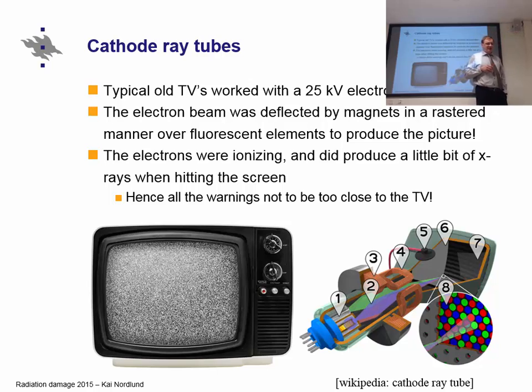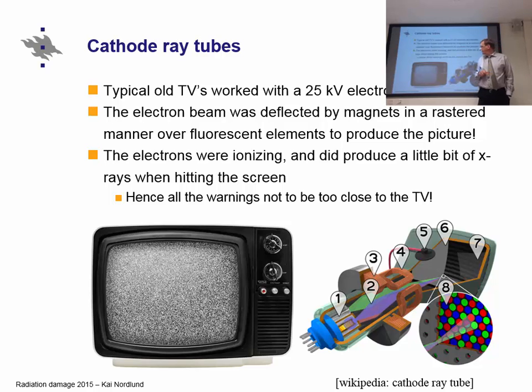And just to remind people, especially young people, that still like 20, 30 years ago, everybody basically had an electron accelerator in their home. Because the old TVs, the thick bulky ones, they typically work with a 25 kilovolt electron accelerator.